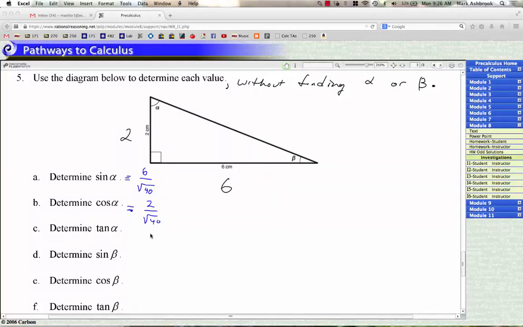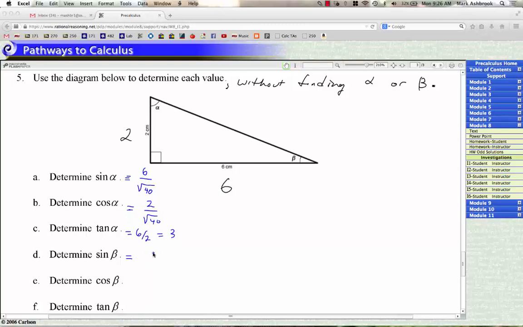Tangent alpha. Braden. 6 over 2 equals 3. Simplify if it's super easy to.